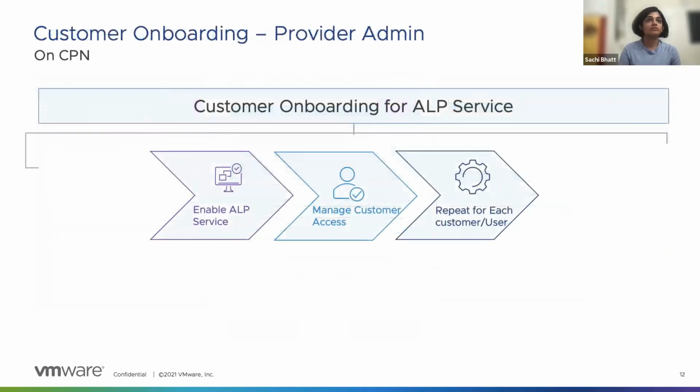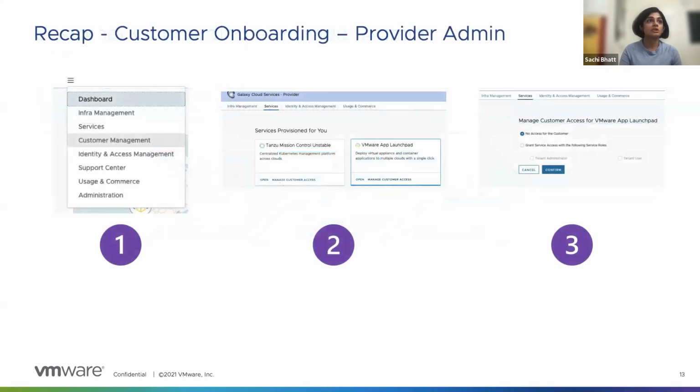And for the customers, it's just a two-step process. When a new customer is onboarding, you enable the service for that customer. When we have a new customer organization in the Cloud Partner Navigator, you provide access to that user or customer. So in a nutshell, it looks like this.